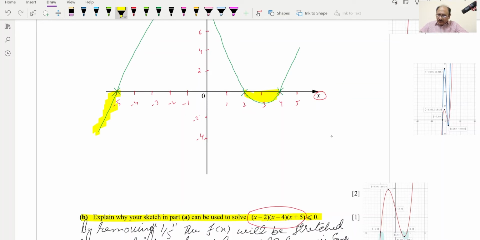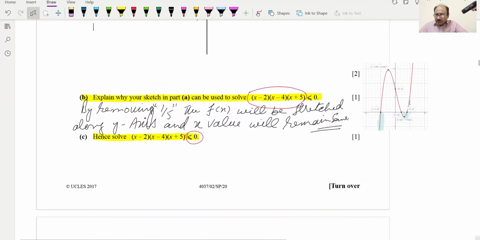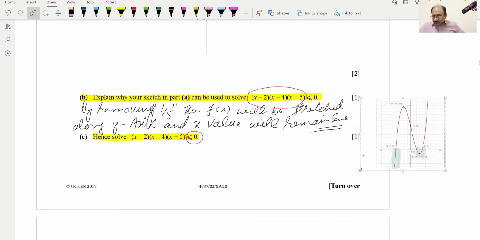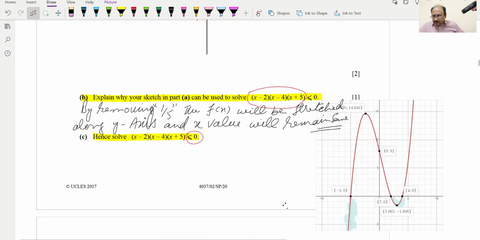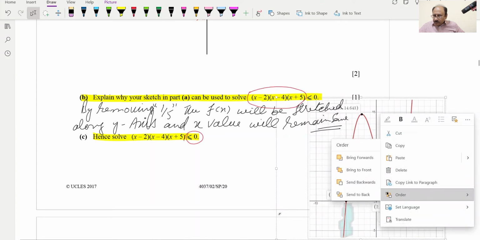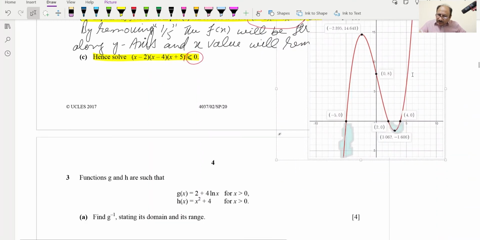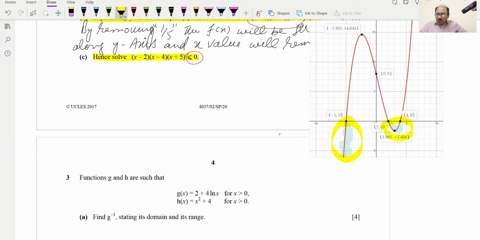So we can indicate on the graph which we have plotted over here. If we check, this is the graph which we plotted, and this is the portion. And if I bring to front, this is the graph, and this is the portion which we are showing that is lower than this. So we have to write the inequality.